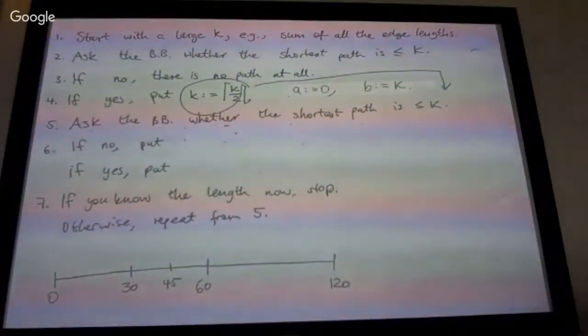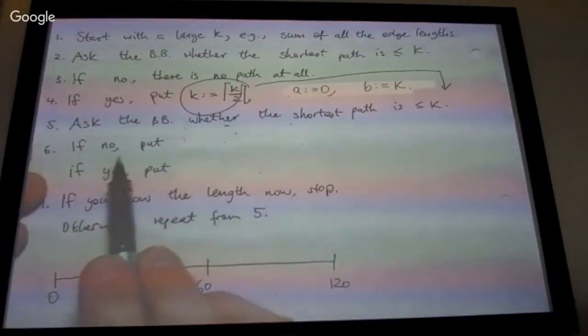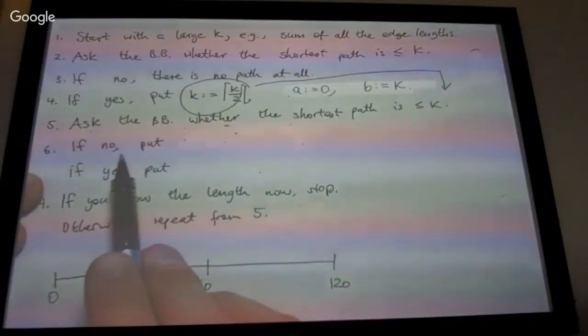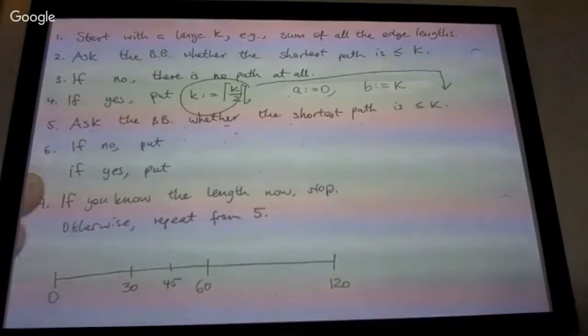So what needs to be done? If no, that means it's in the larger part, right? So what you want is to move the lower bound.